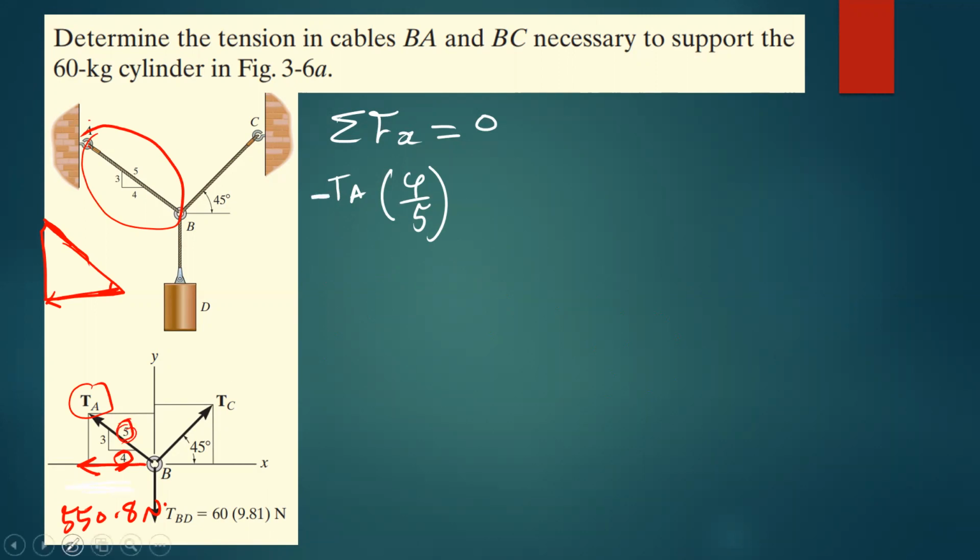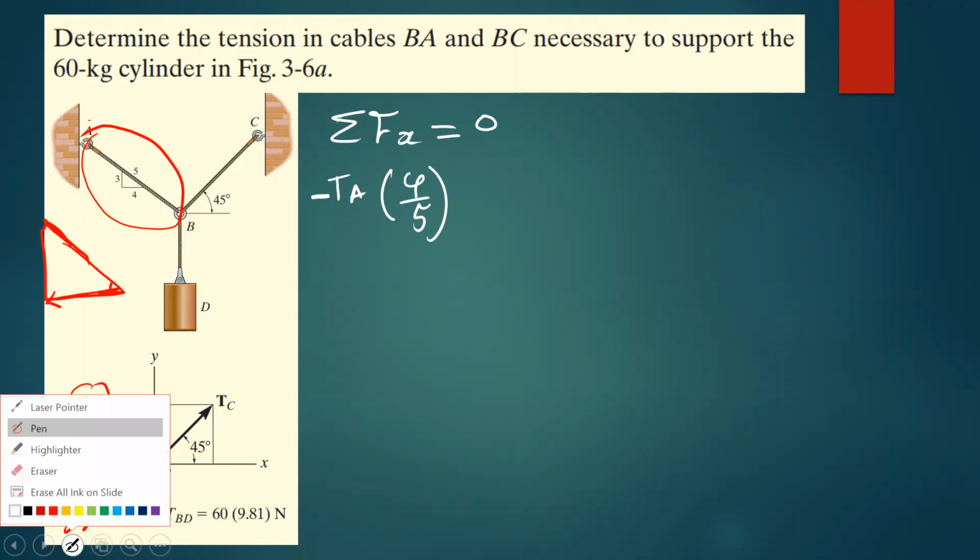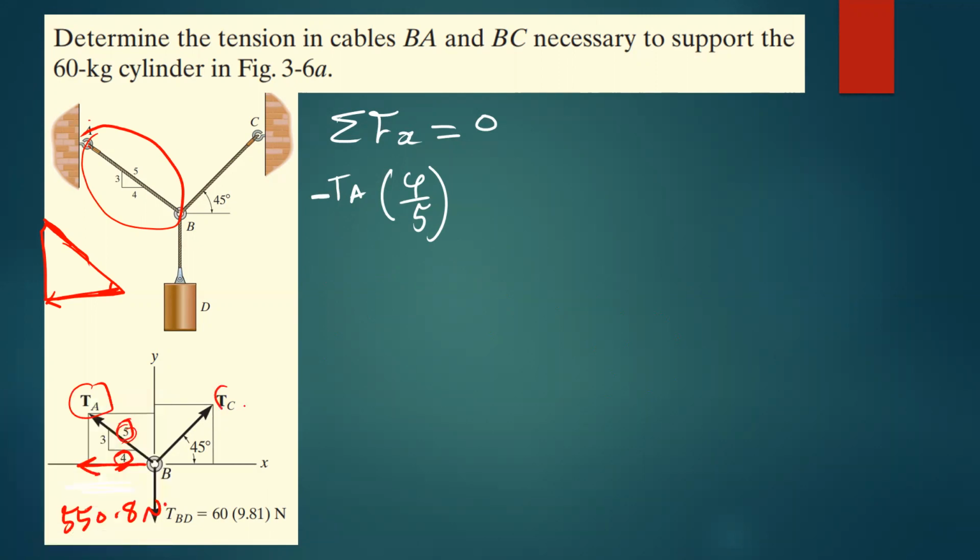And then when you look at the other part, which is the tension C, its x component is facing this side. We are using cos because this side is adjacent to what? To the angle that we have been given there.